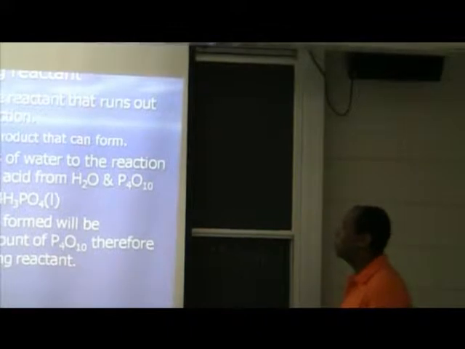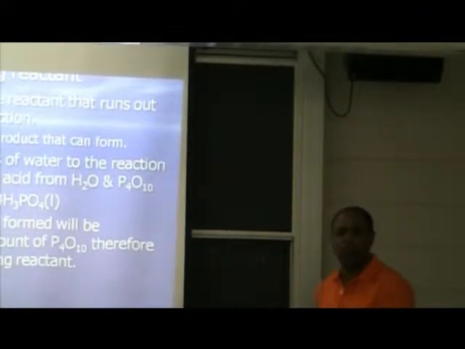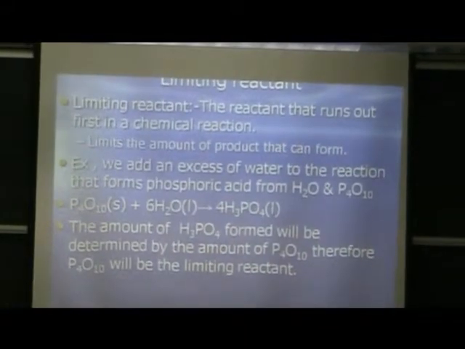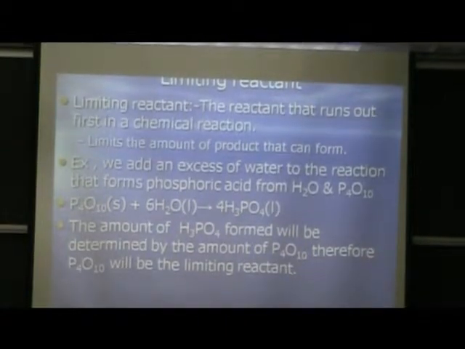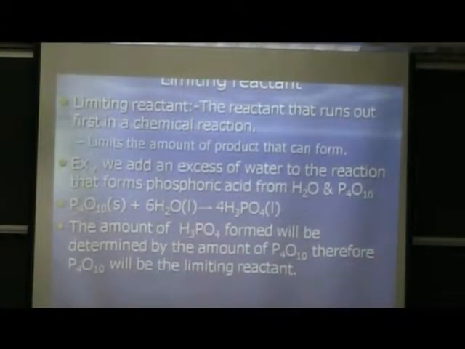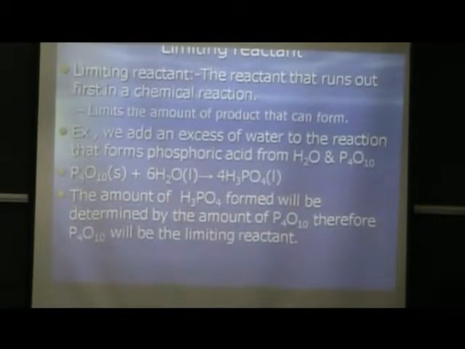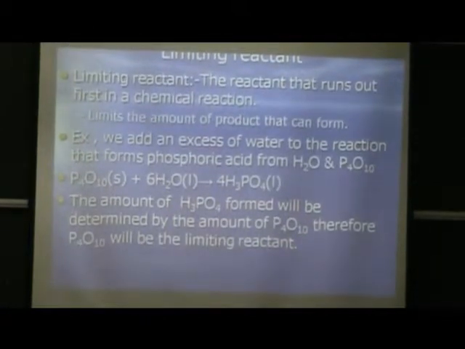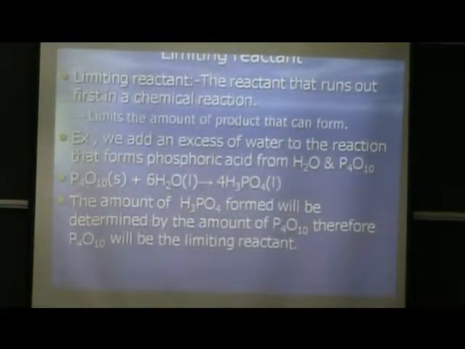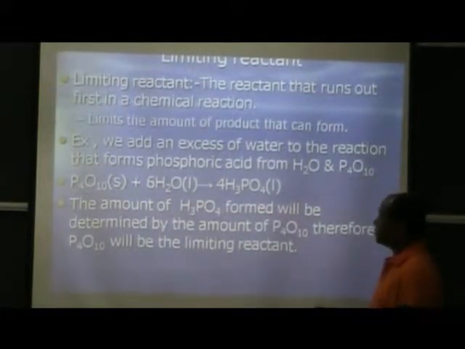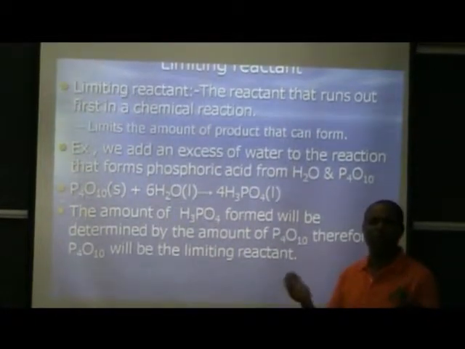So here also, we should know which one is the limiting reactant and which is the excess reactant. The limiting reactant always determines how much product is formed. Example: we add an excess of water to the reaction that forms phosphoric acid, from water and P4O10, which is tetraphosphorus decaoxide, right? Now, we may have an excess amount of water, water is not an issue.